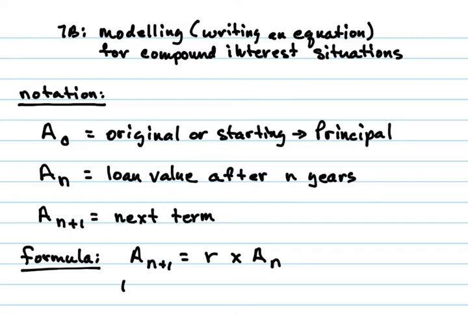This is read as: the next term is r, which is an interest rate, remember that, and we'll talk about how to find that piece, which is a little different than just a percentage, times the previous amount.